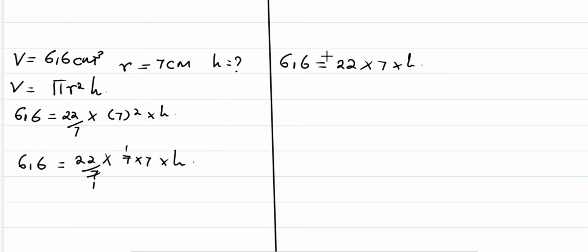Then from there, we can say 616 is equal to 22 multiplied by 7 is 154, then multiplied by h, it will be 154h. So to get the height itself, we'll have to take 616 and divide by 154, so that we can eliminate this 154. So direct to the calculator.